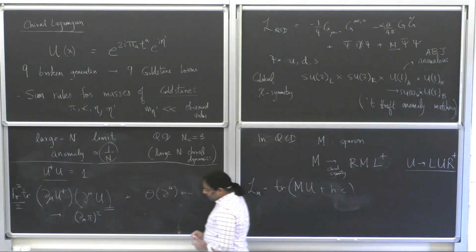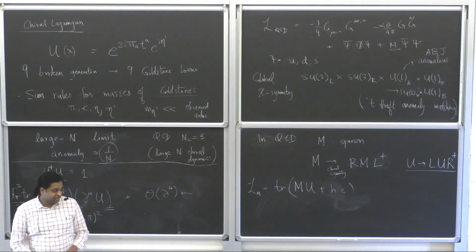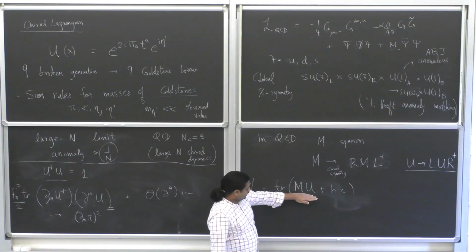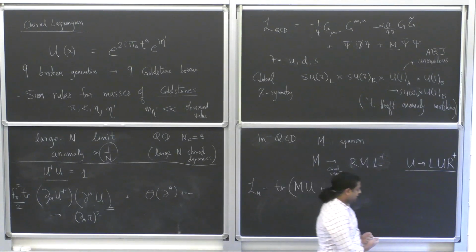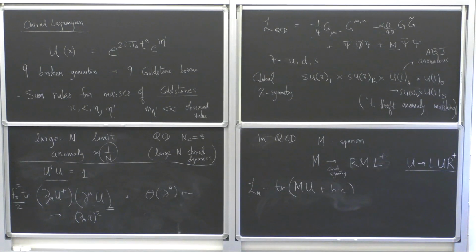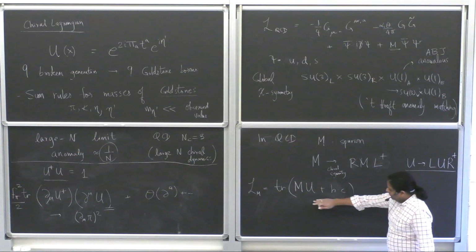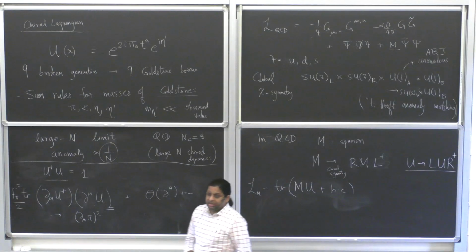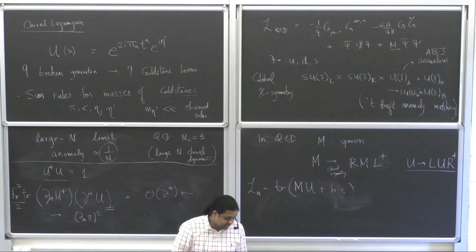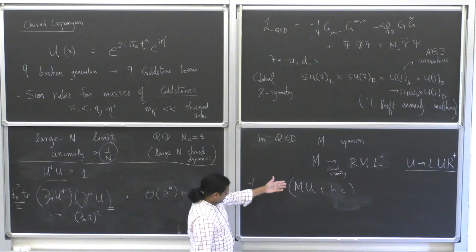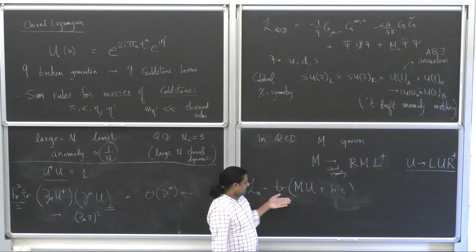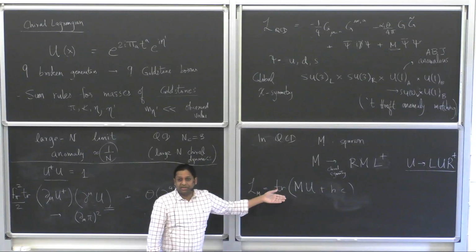If we ascribe a spurious transformation to M, M would transform like this, and so this quantity, trace of M U, would actually be invariant under SU3 left cross SU3 right. So this would be the leading order term in the chiral Lagrangian that would appear as a breaking effect. Now we go back to the actual physical situation, saying, well, M doesn't transform, so this is not invariant. This is actually an explicit breaking effect in the chiral Lagrangian.